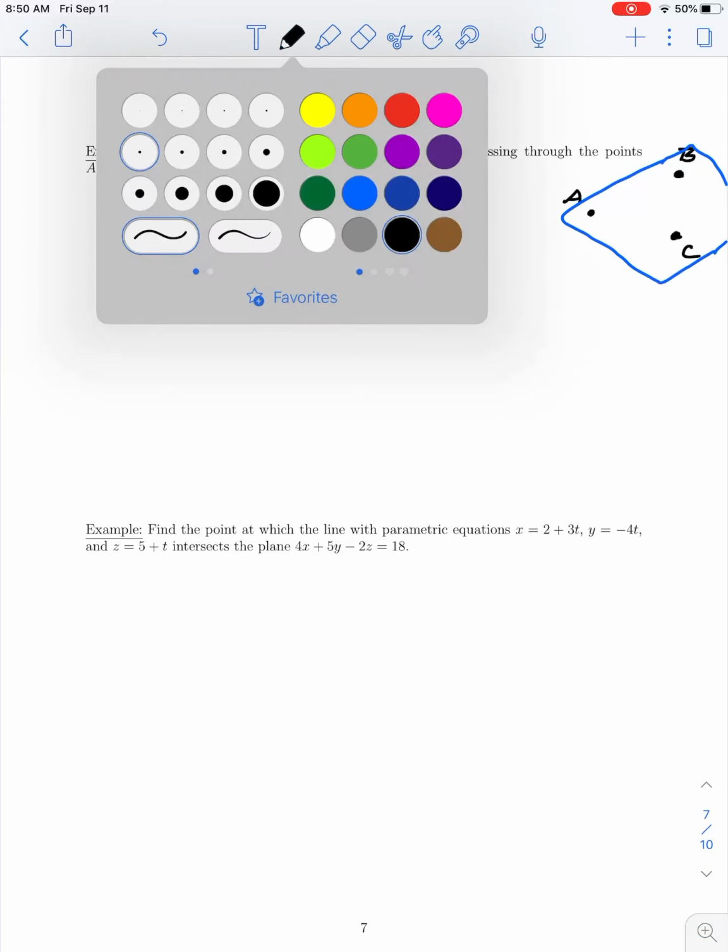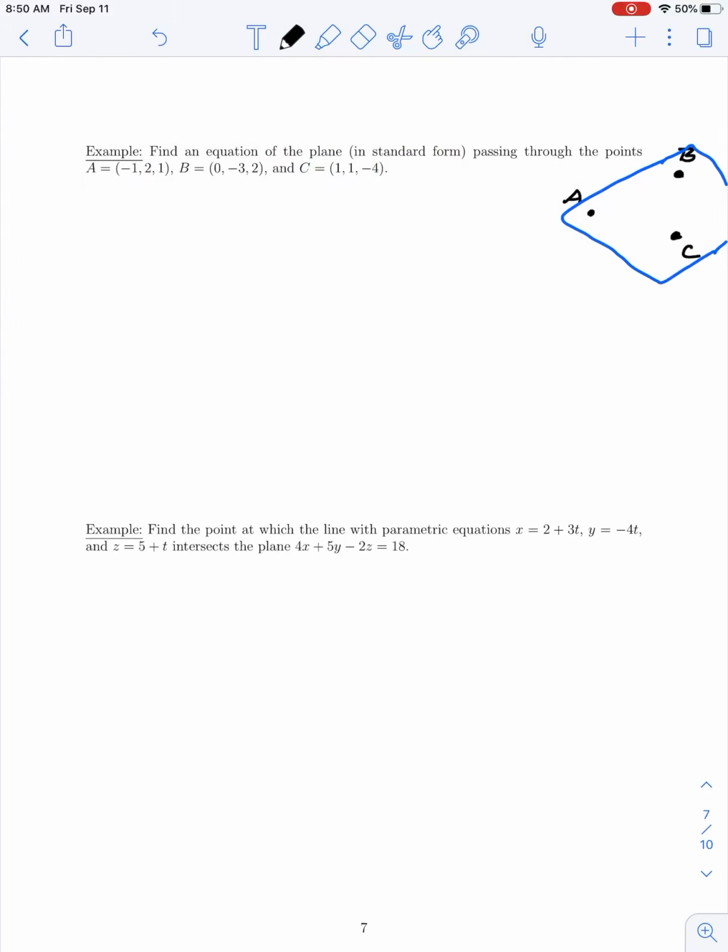To find it, we could take 2 vectors in our plane, perhaps the vector from A to B and from A to C. And I know that the cross product of 2 vectors is orthogonal to both of those vectors. So if both of those vectors lie in the plane, then the cross product would be orthogonal to the plane, or a normal vector to that plane. So that's our approach here.